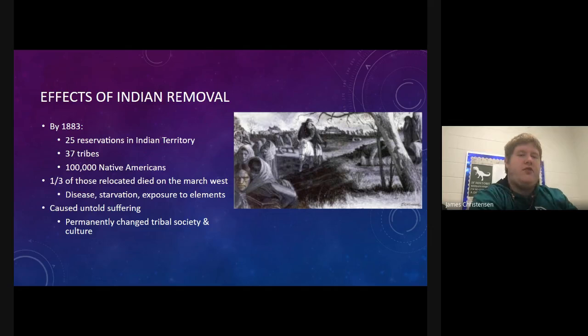It permanently changed tribal society and culture, mainly because their cultures were so heavily tied to the lands they had left. A major tenet of Native American society and culture is respect for the land. So when you move them from one place to another and they no longer know the land, they don't have a way to keep their culture alive because they can't do the same things they did before.